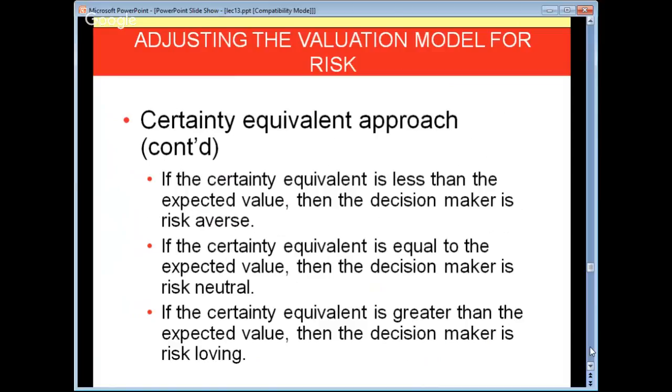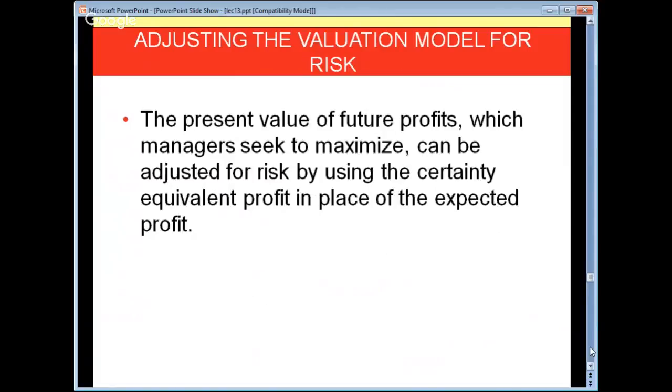If the certainty equivalent is less than the expected value, then the decision maker is risk averse. If the certainty equivalent is equal to the expected value, he's risk neutral. And of course, if the certainty equivalent is greater than the expected value, then the decision maker is risk loving. Okay. Questions? Okay.